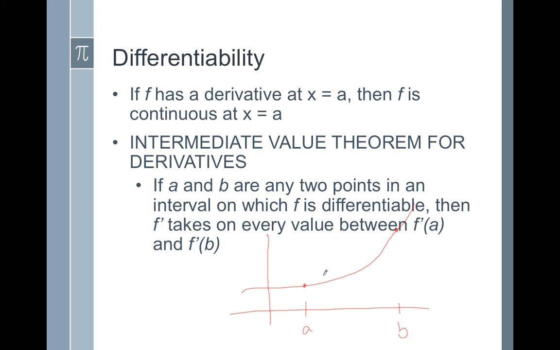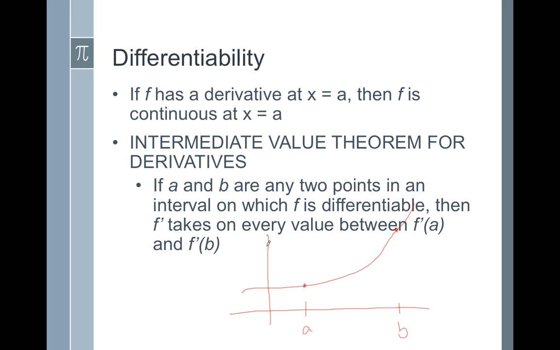Sometimes I mess it up. So this is basically saying, if A and B are 2 points on an interval on which f is differentiable, then f prime takes on every value between f prime of A and f prime of B.